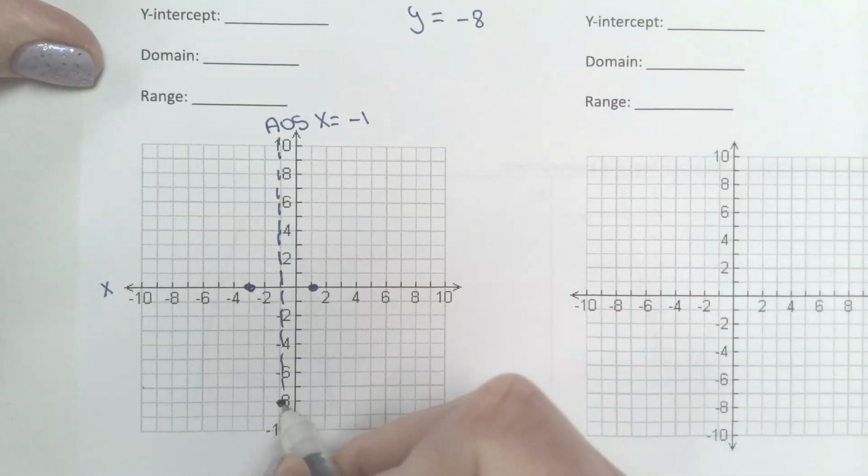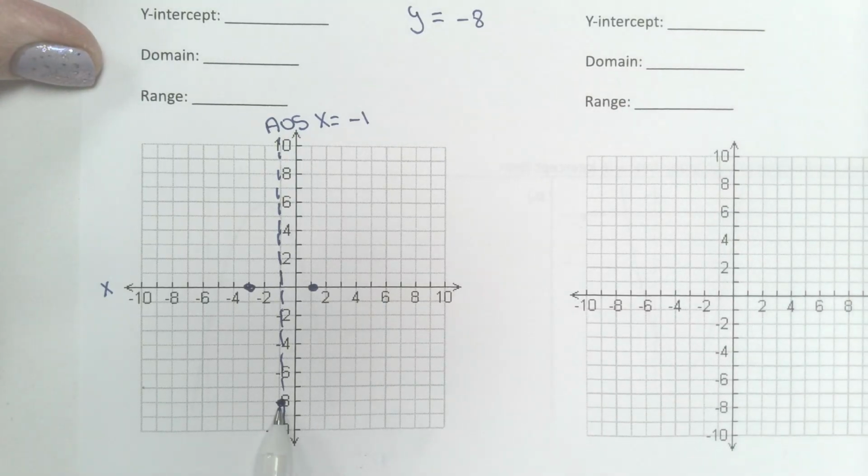All right, so right down there is where my vertex is. It should be the only point on your axis of symmetry line.